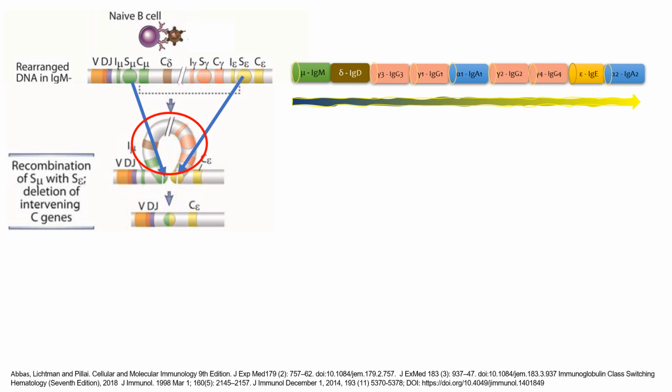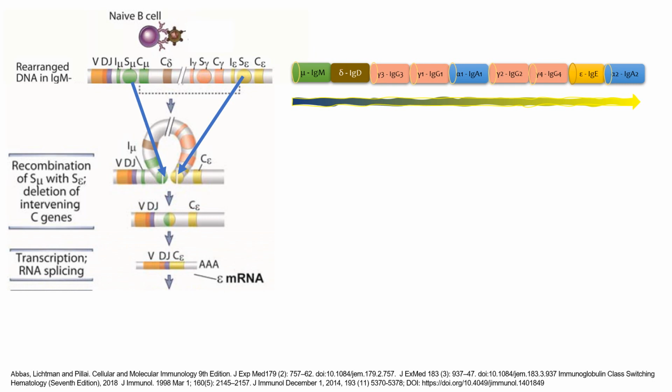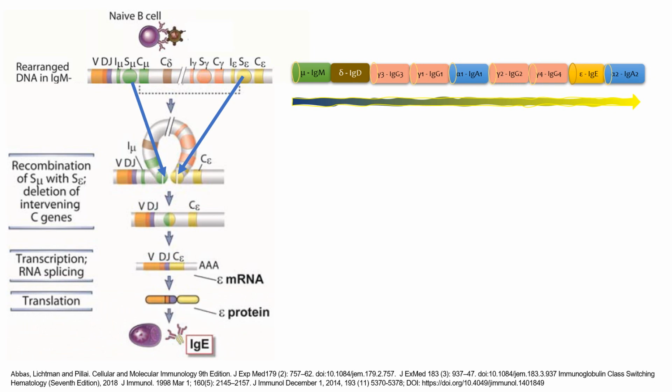By splicing out that gene, now the B cell has a recombination from the two switched regions, and now the construct in this example is for the constant region epsilon. This will allow the cell to be producing a transcription to a messenger RNA for epsilon, which translates into a protein that's IgE.